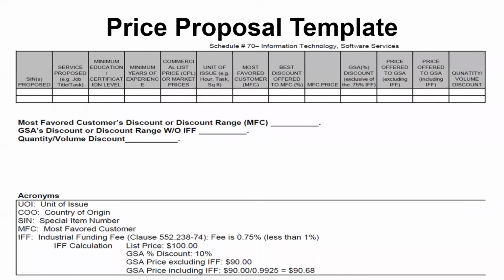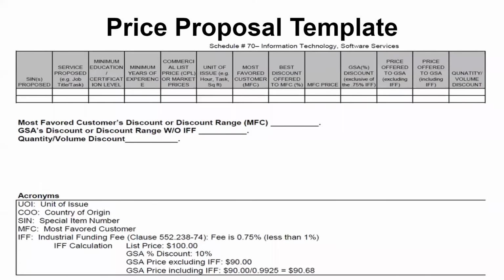The discount ranges, you'll see, are listed without the IFF. The IFF is a 0.75% fee, and it's identified in this chart that we allow you to add that fee on to your prices.